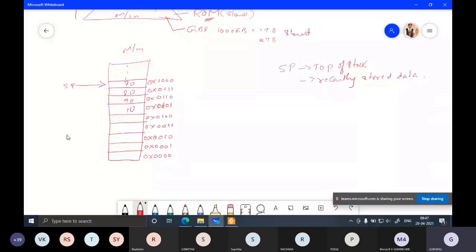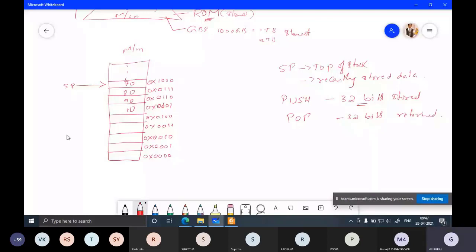So this is the recently stored data. Always remember, since Cortex M3 is a 32-bit processor, one push will store 32 bits of data into the stack memory, and pop will retrieve 32 bits of data from stack memory.